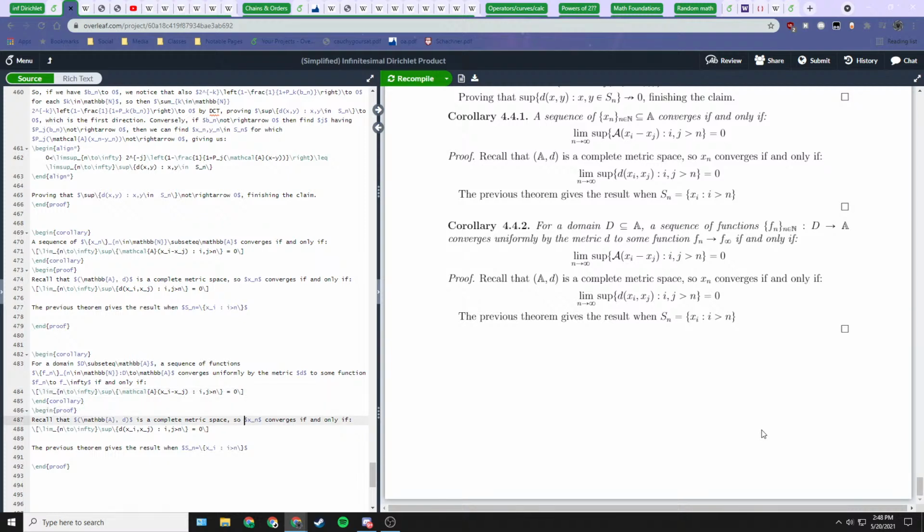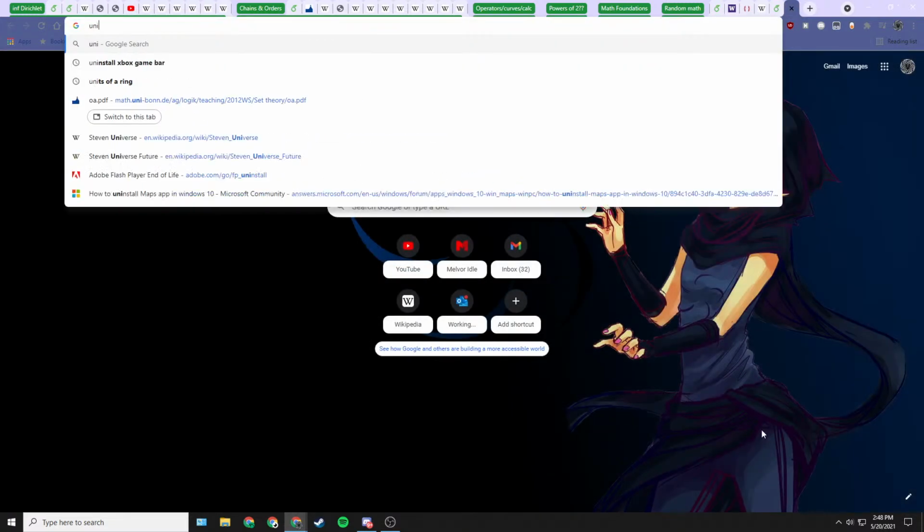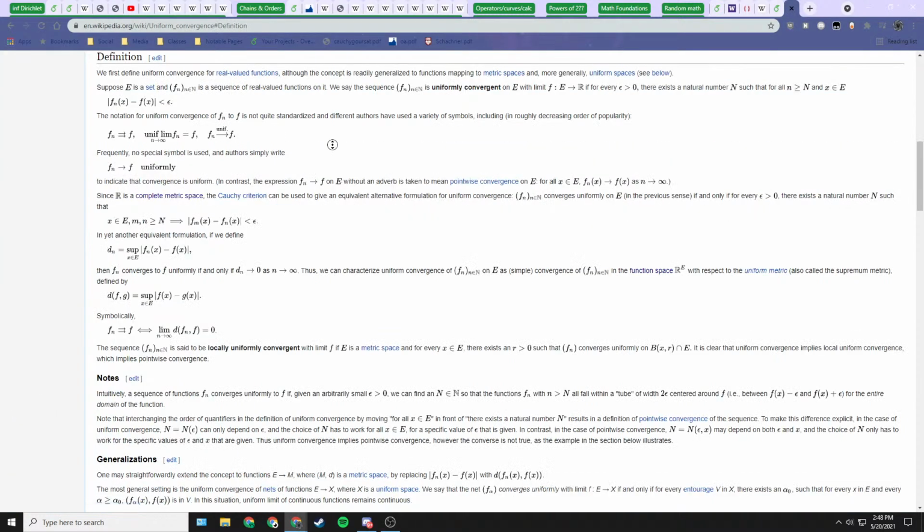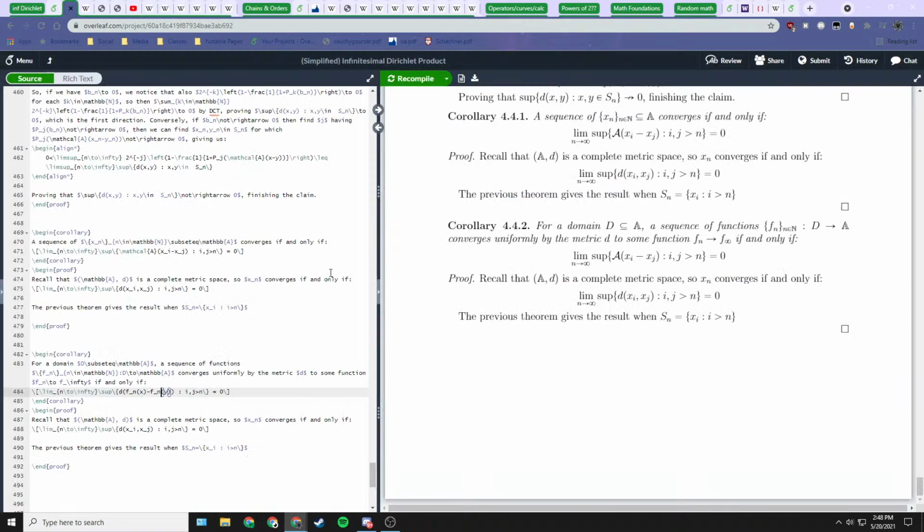The definition of uniform convergence is the distance between f sub n of x and f sub infinity of x, such that x is in the domain D. And this shouldn't be a subtraction, it should be a comma.